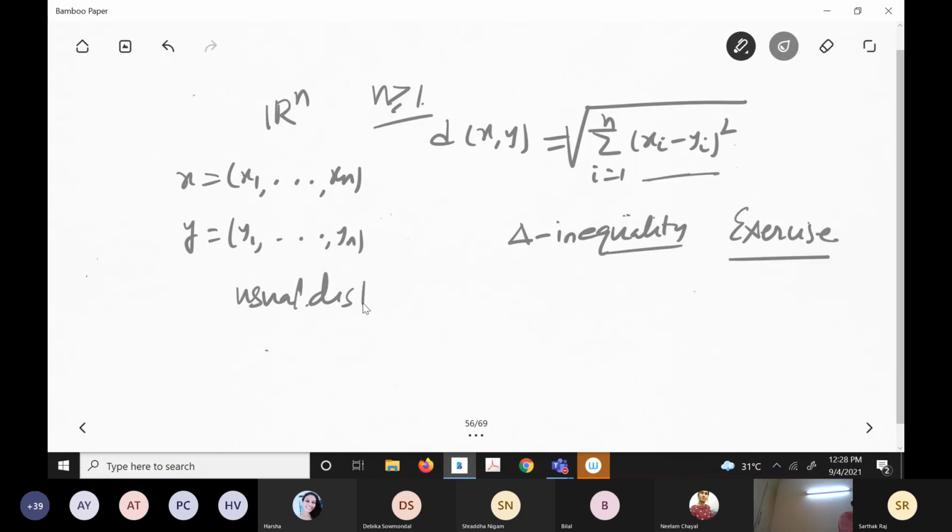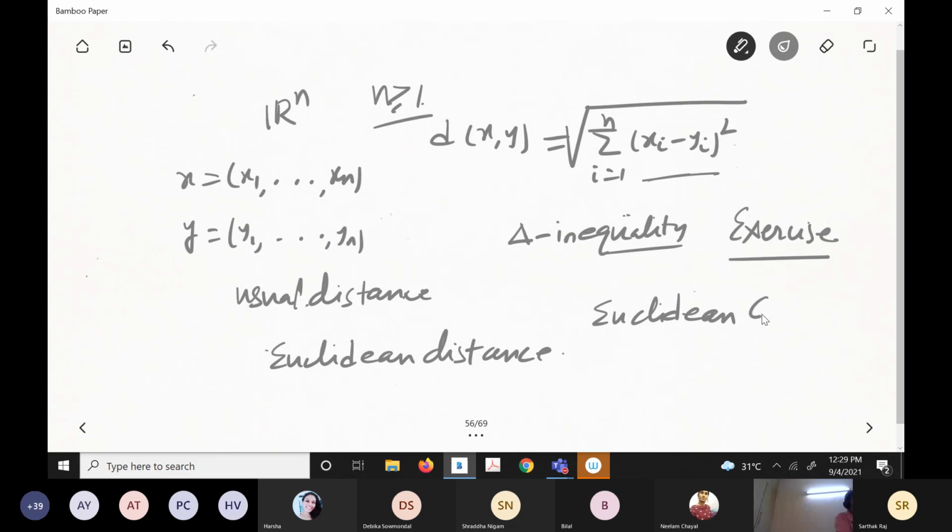Usual distance, or called Euclidean distance. The reason is this distance actually gives you the Euclidean geometry on Rn.